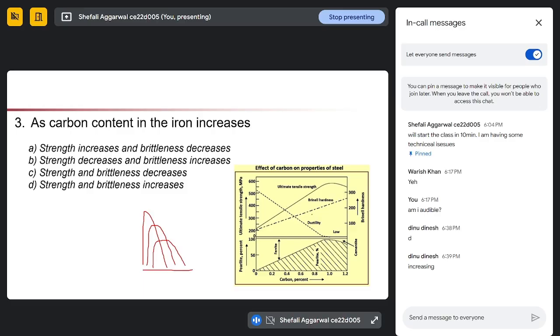So the same case is happening here. If you increase your carbon percentage, your microstructure will change from ferrite to pearlite and cementite, and brittleness will increase. So the answer is D. Strength and brittleness will increase, as ductility is decreasing.